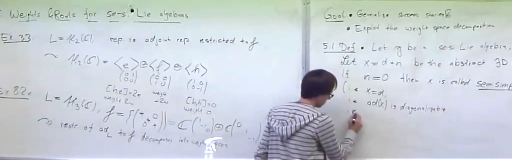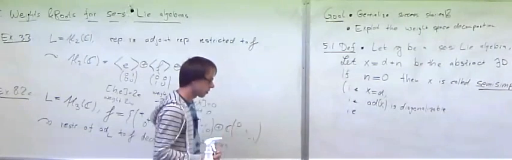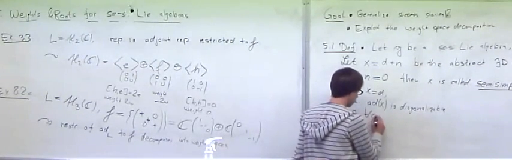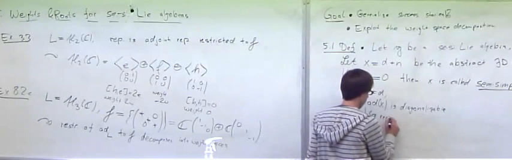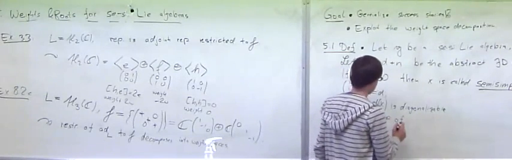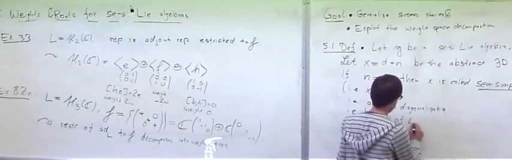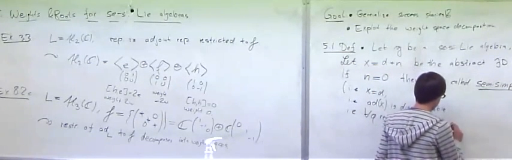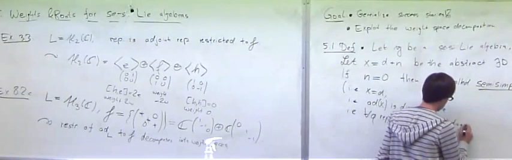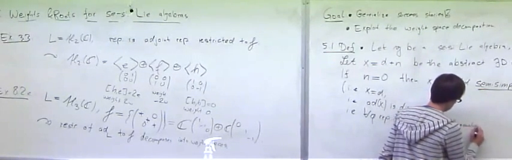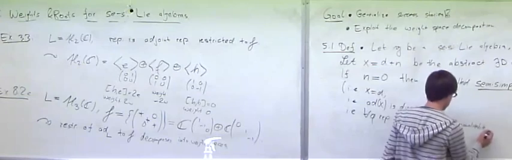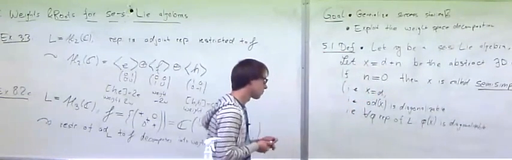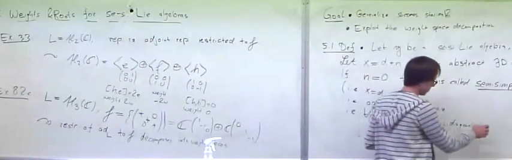And by the last theorem, there is another equivalent condition, namely for any representation phi of our Lie algebra L, the operator phi of x is diagonalizable. These are all the equivalent statements.